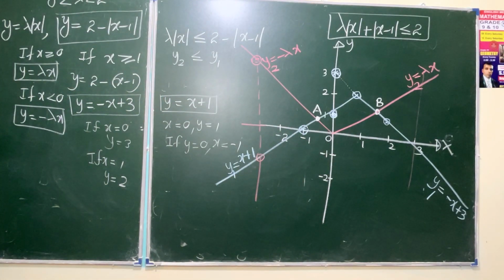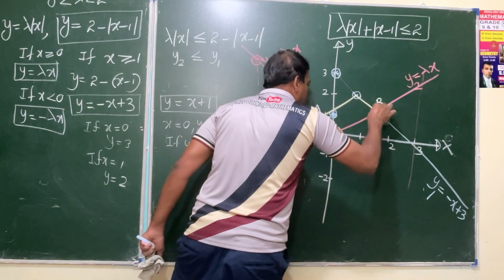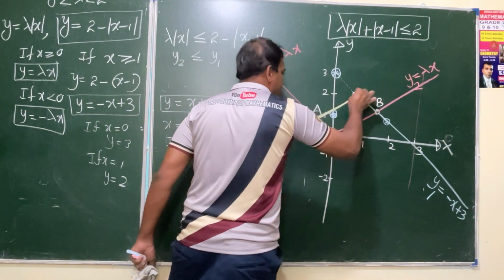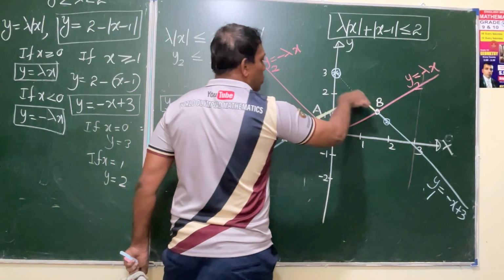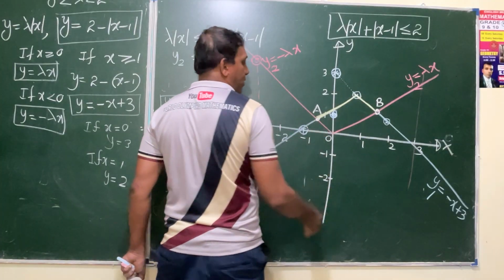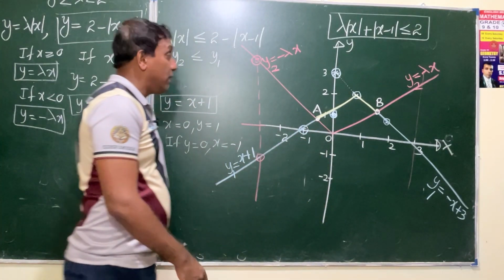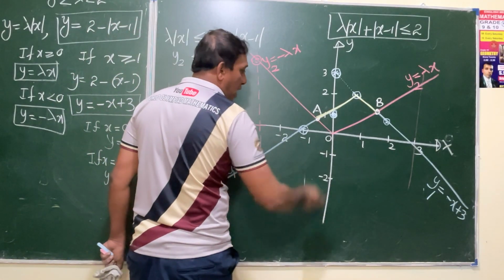So if I mark separately this part, I'm giving brief knowledge of solving this inequality. In this portion, the y1 graph is above and the other graph is below, so y1 is greater, right? Therefore, what are the x branches?